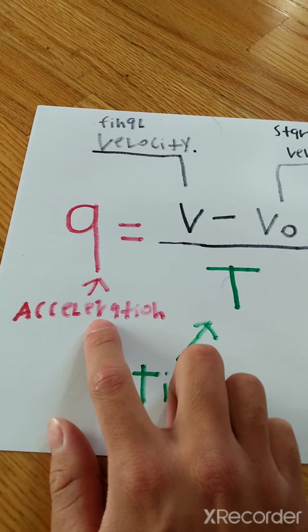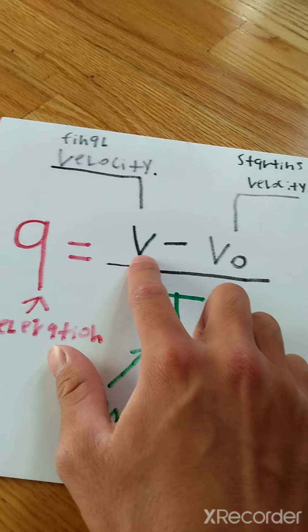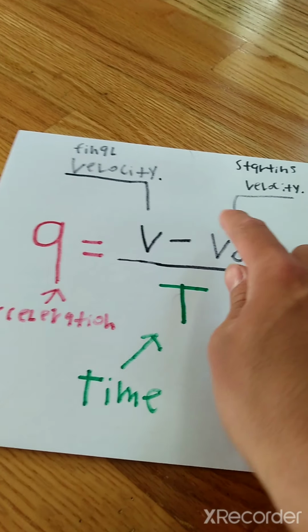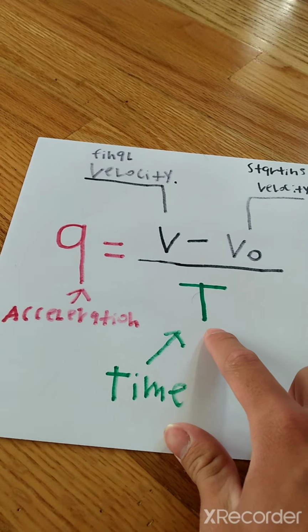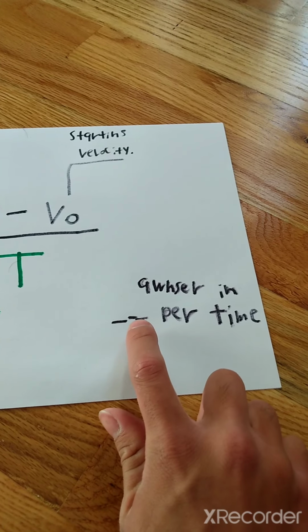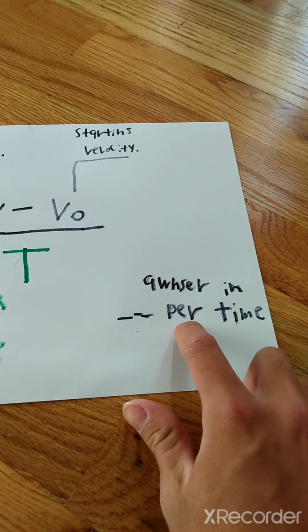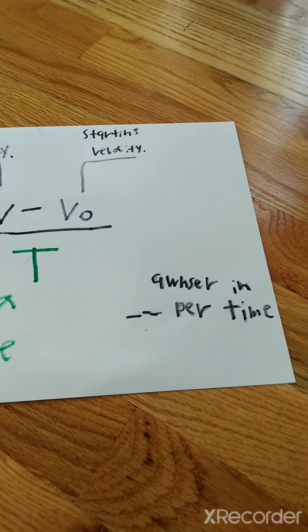The formula is acceleration equals the final velocity minus the starting velocity, then we divide by time, to get our answer in a number per second, hour, or minute.